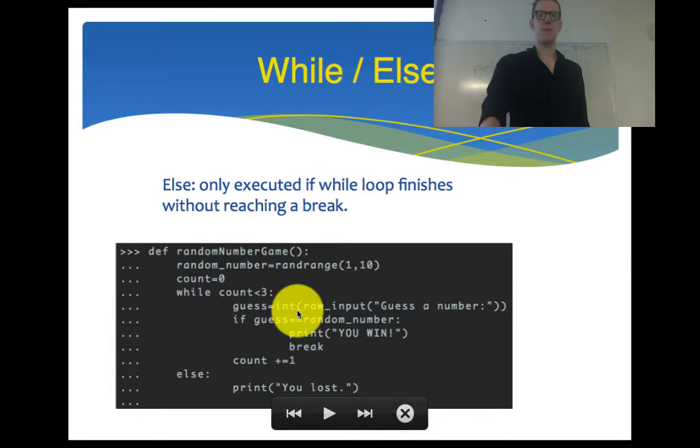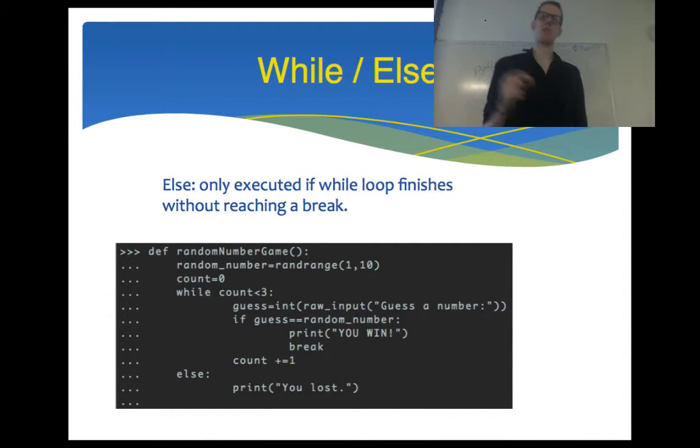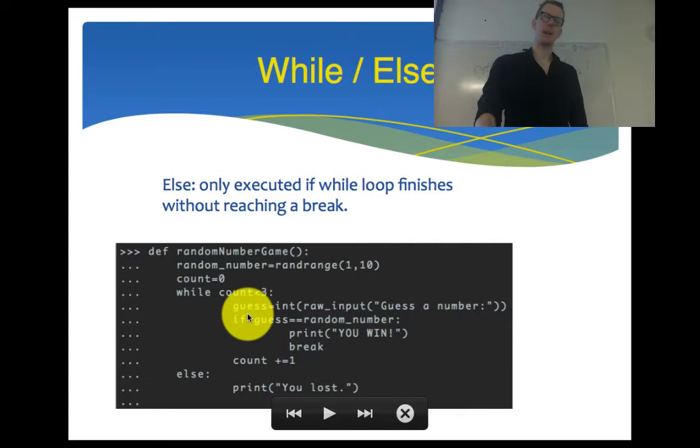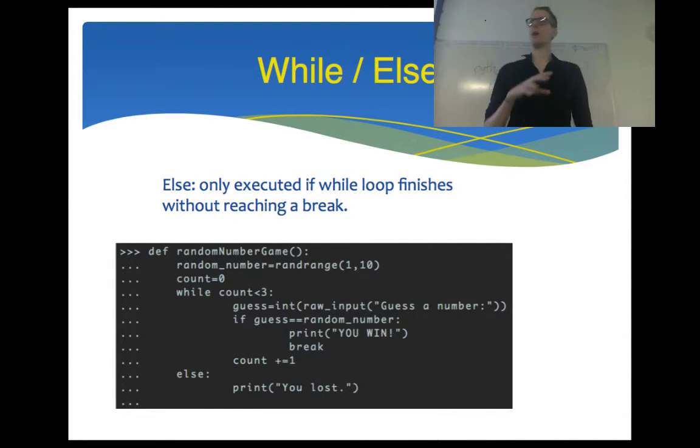So let's ask them to guess a number, let's use raw input to get their answer, and let's convert it to an integer and store it in this guess variable. So it's going to say guess a number, they're going to type 5, it's going to store that in this guess. If the guess is equivalent to the random number that we generated, we print you win and we break. So that will exit the while loop and finish the code.